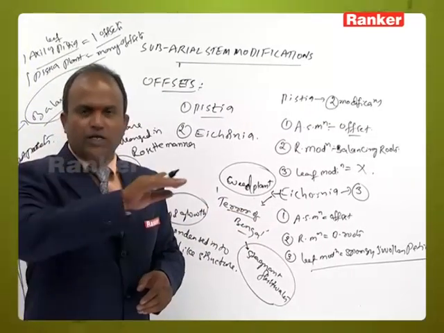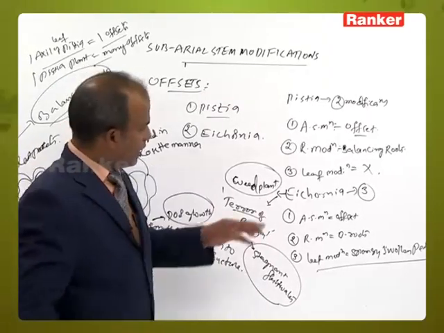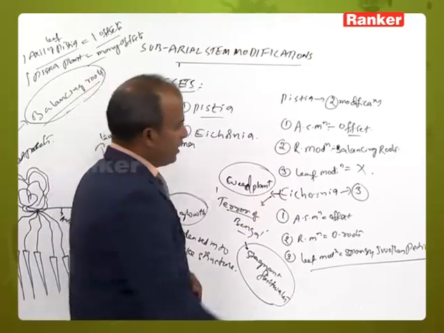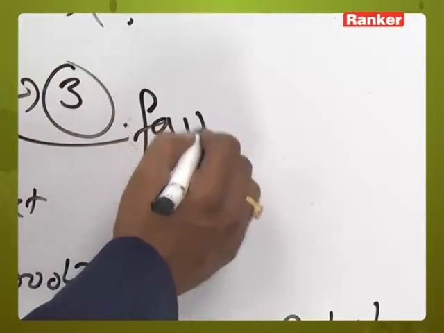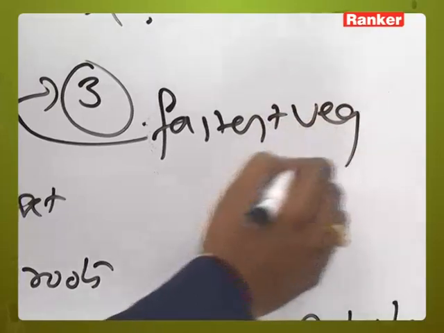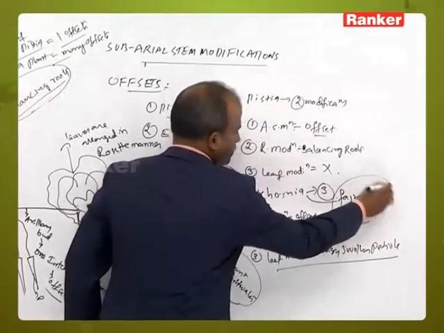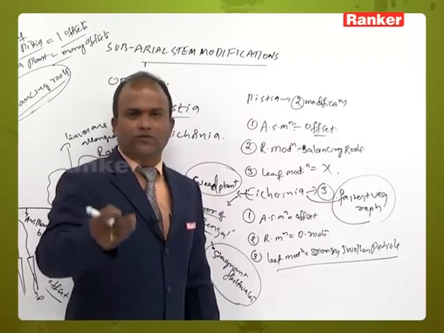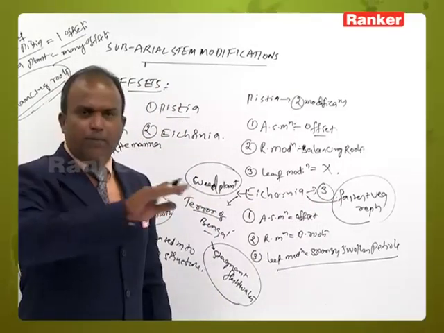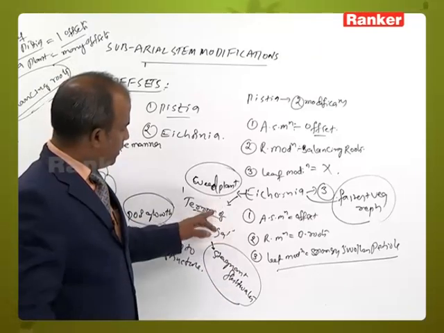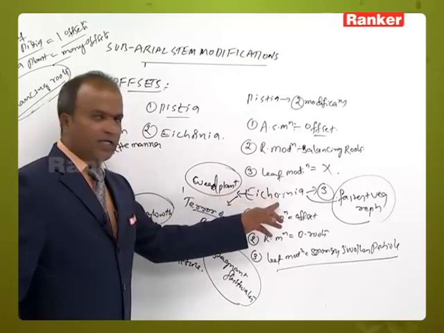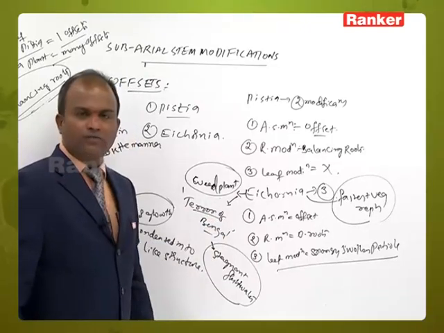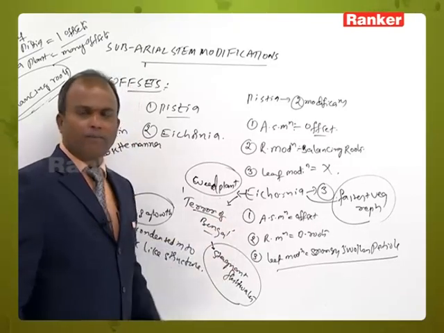Why? Because it is completely occupied by Eichhornia, as Eichhornia shows the fastest vegetative reproduction. Within a shorter time, the complete watery surface is occupied by this weed plant, which is the terror of Bengal.